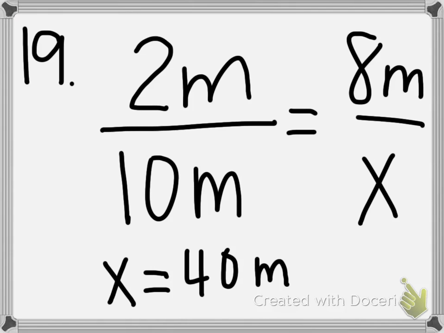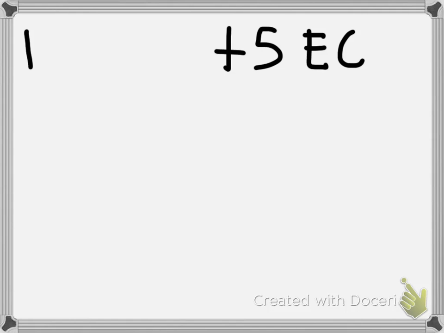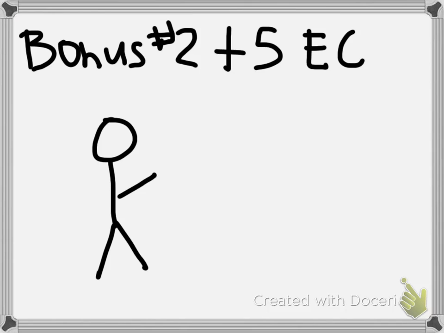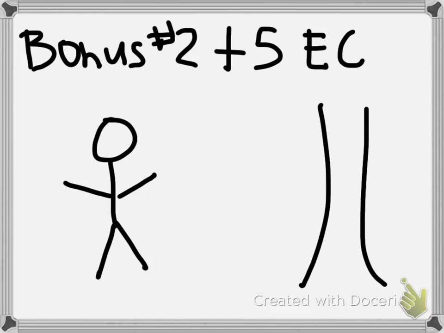So the last one I want you to do for your bonus question number 2, you can get another 5 extra credit points. This is bonus question number 2. I want you to draw a little stick figure. You remember doing this in class, hopefully, and a tree.